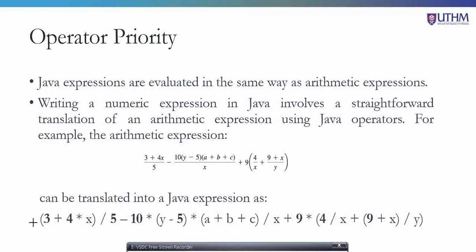So here we perform this first, then divide by 5. Then later on, we perform minus 10. So we have multiplication over here, 10 times y.